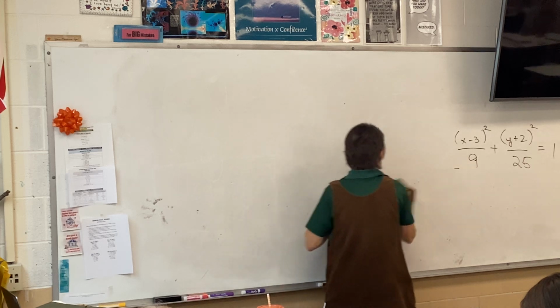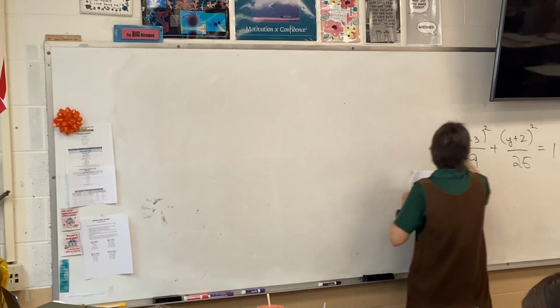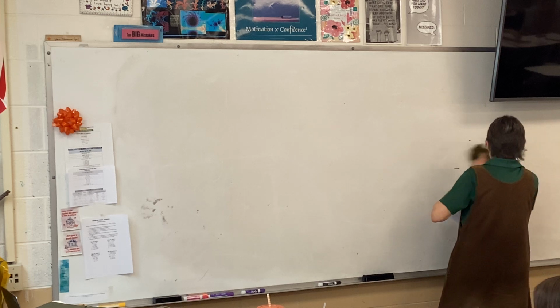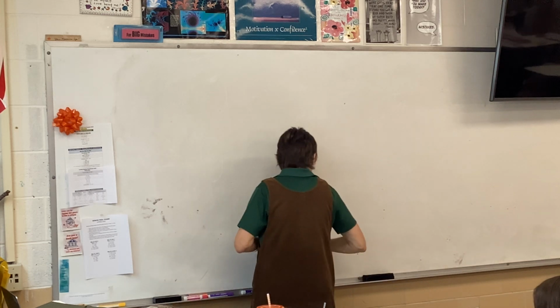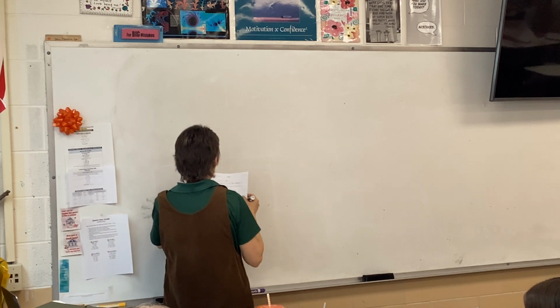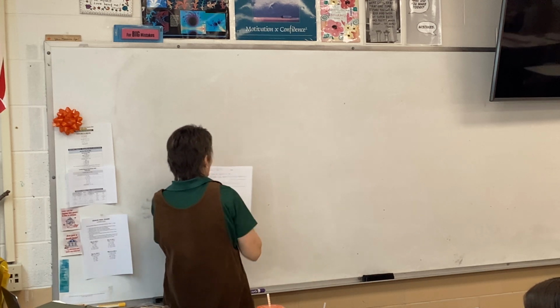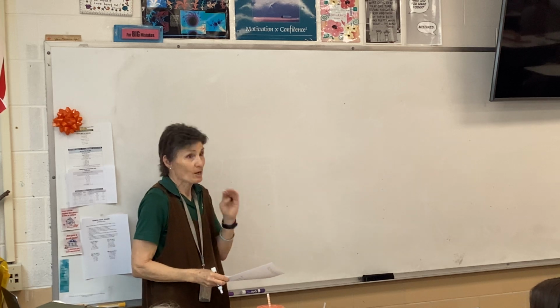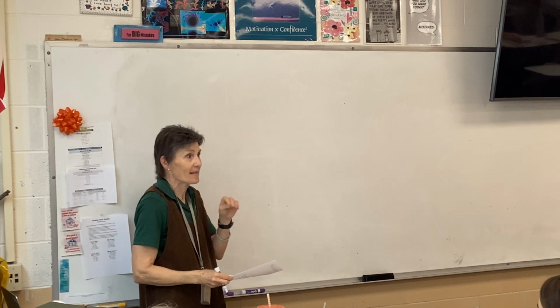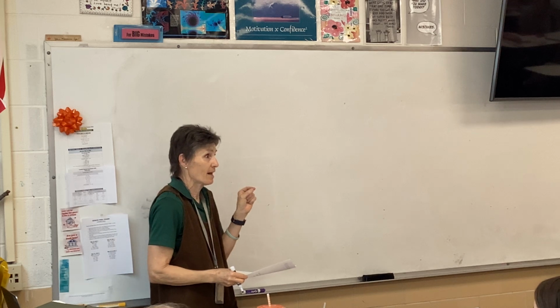Practice test 1. We start out by writing equations. So you are going to write the equation of the circle with a center at -4,2 and a radius of 6. Man, I hope this is on your test because that is about as easy as they get.